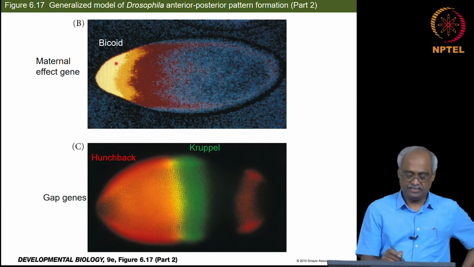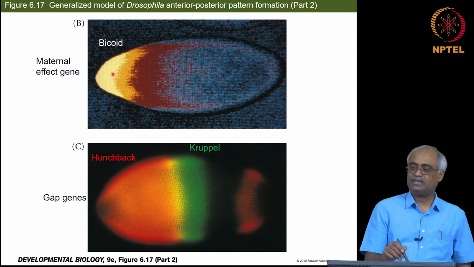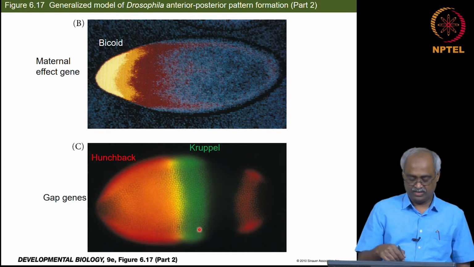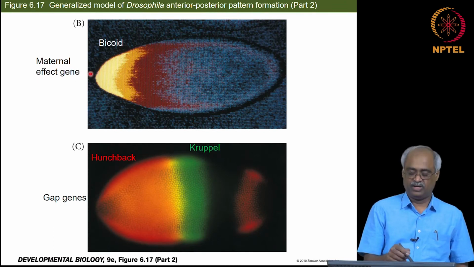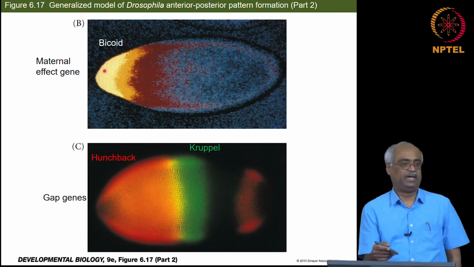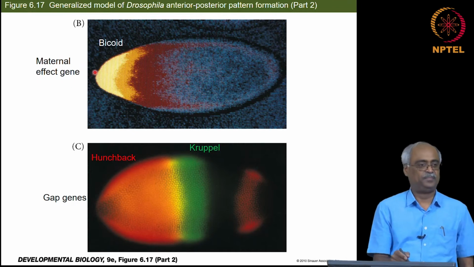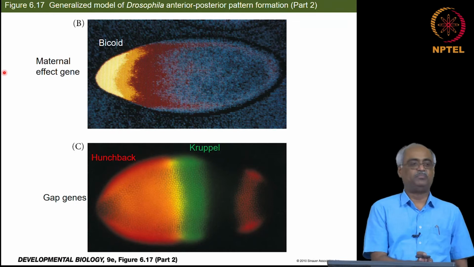So, the highest concentration of bicoid at the very anterior most activates certain gap genes, that we are not having in the next image. So, those are required for the anterior most segment developments, and there are structures called acron that forms anterior to the segmented part of the body.